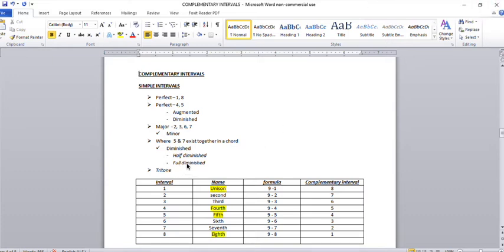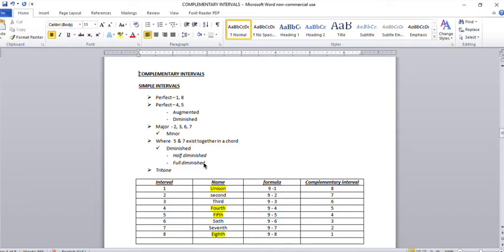So 4 to 5 is a tone, 5 to 6 is a tone, 6 to 7 is a tone. So you have a tritone there. That's beautiful. We can also examine tritones in the other modes of the major scale.